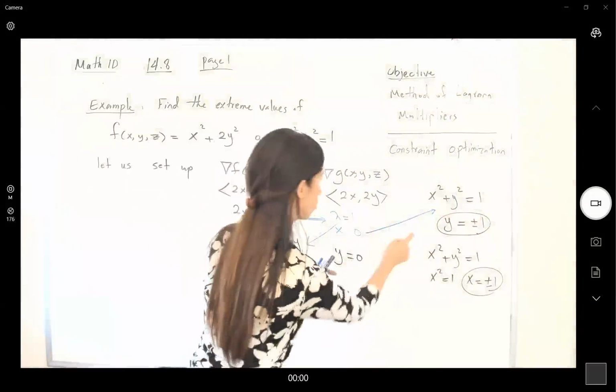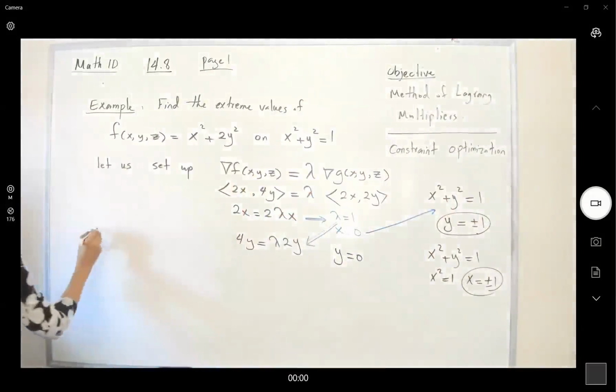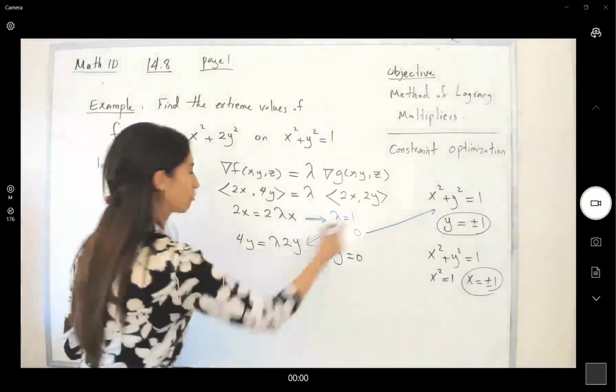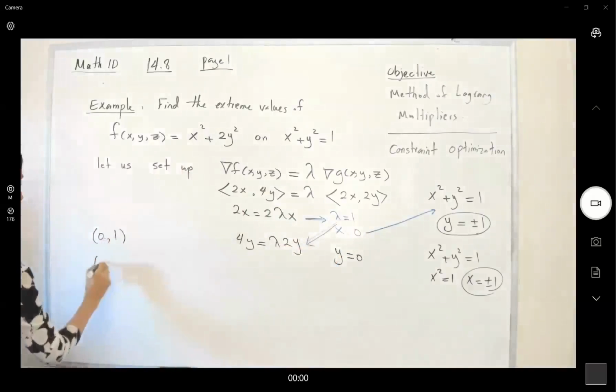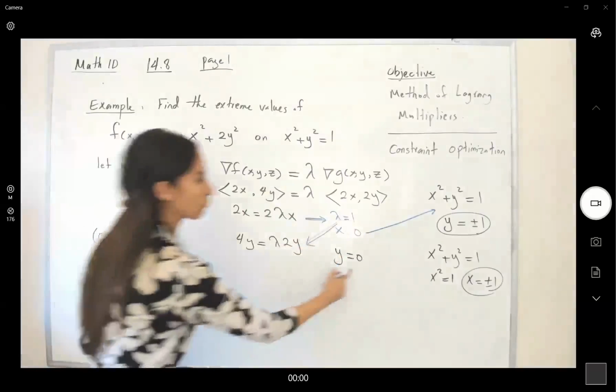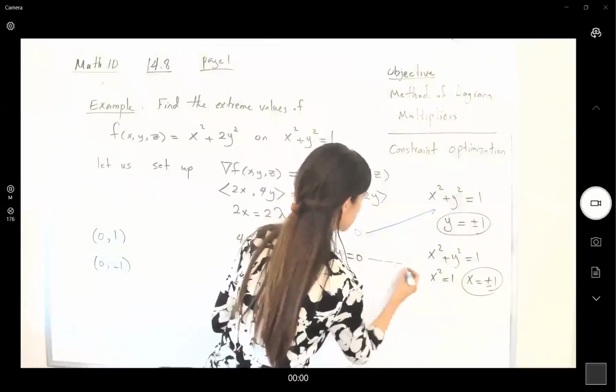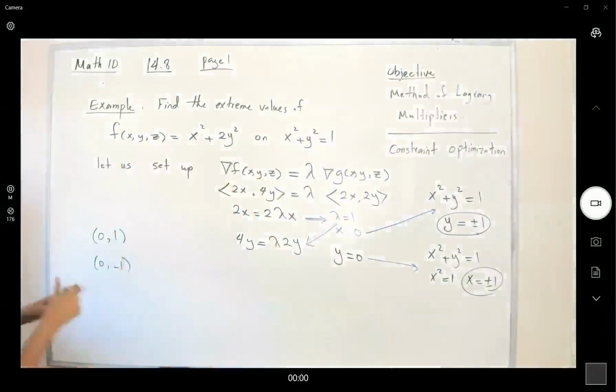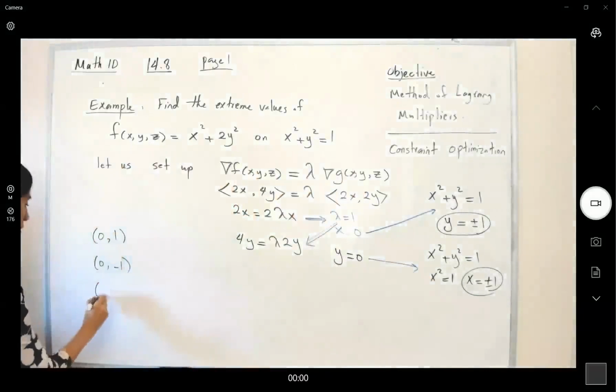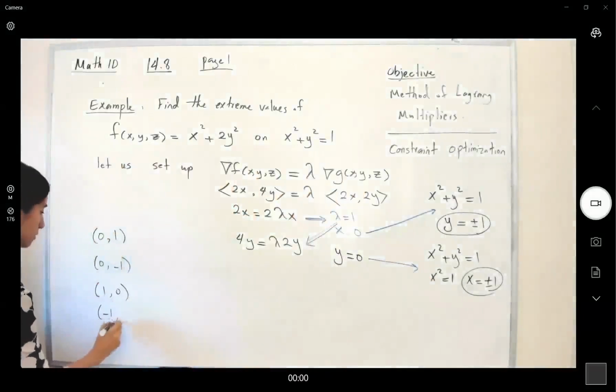So when x is equal to 0, y is 1 or negative 1. When y is equal to 0, x is 1 or negative 1. So 0, 1; 0, negative 1; 1, 0; and negative 1, 0. Here you have 4 points.